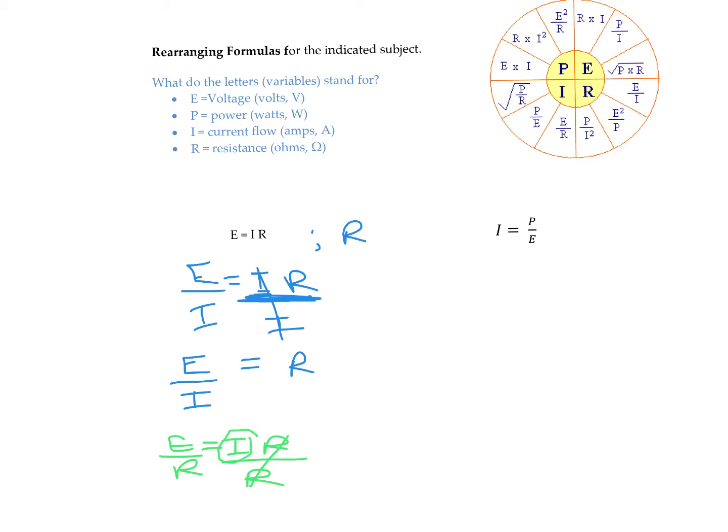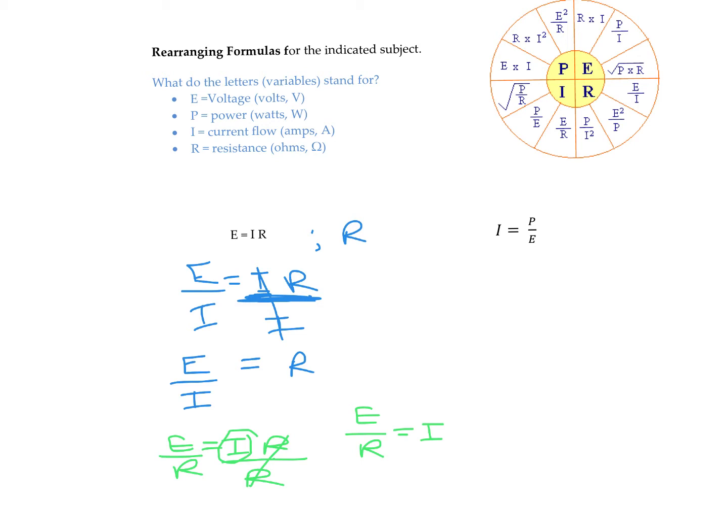In this case, I want to isolate the I. What's left over after R canceled is E divided by R is equal to I. So the current is found by dividing the resistance into the voltage.